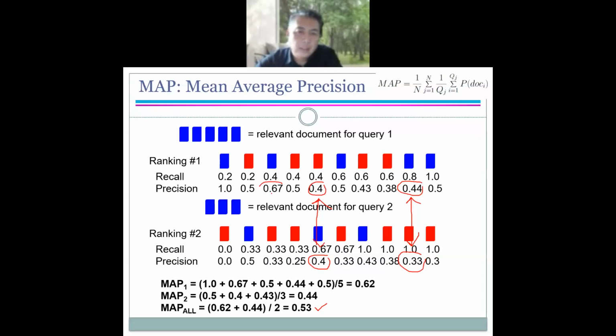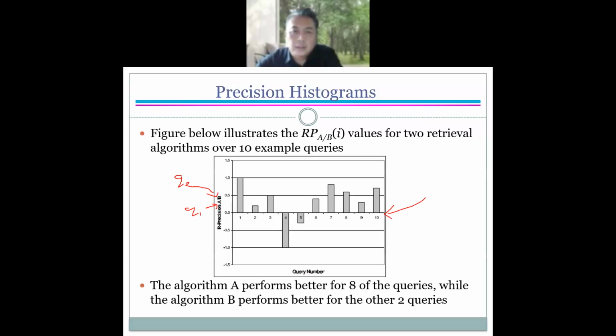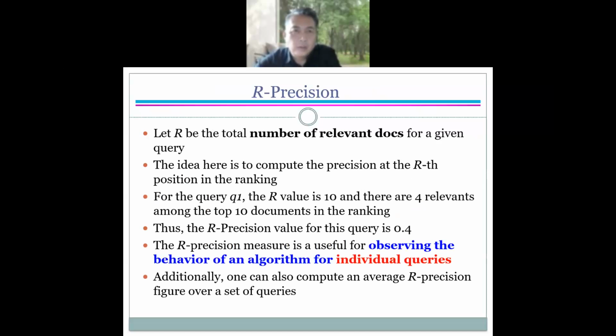So this one, if you take the difference, this one will be positive. This is just to show you which one is better using what we call the R precision.